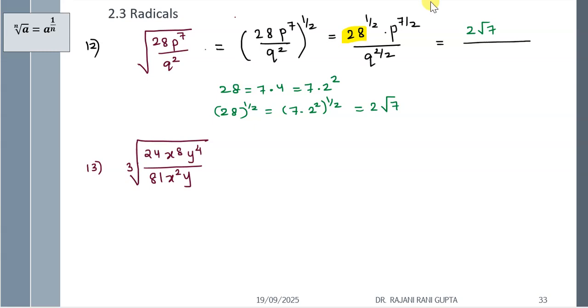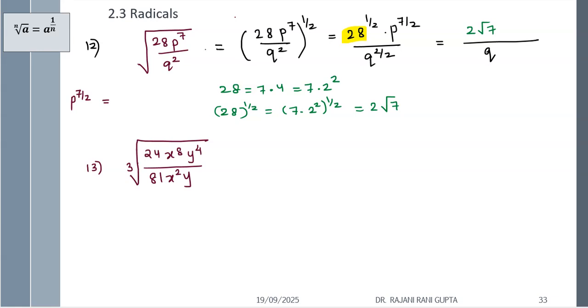For q, 2 and 2 cancel, so you have q left. Now 7 over 2 with p, so you have p power 7 over 2. You can write this as p power 6 into p.